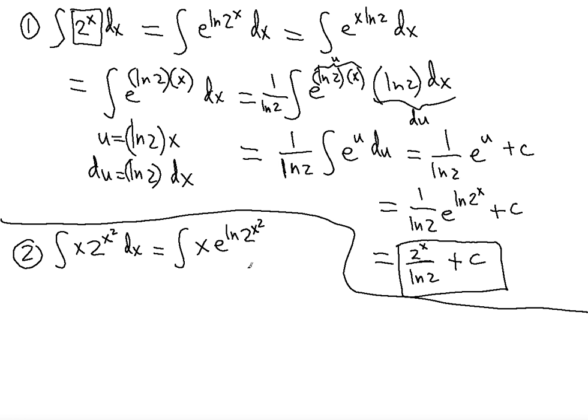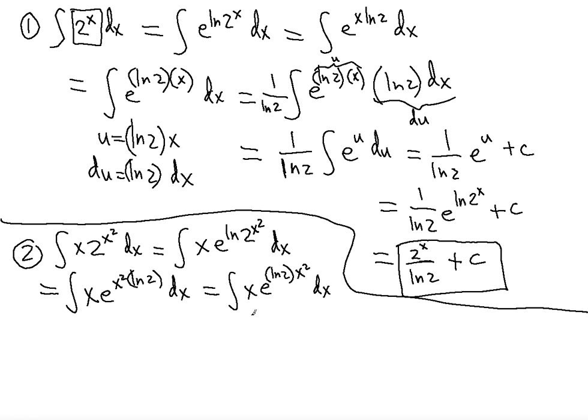I know there's lots of powers going on here, but this is basically using the identity in the previous video that we talked about. Watch it carefully. Okay, so making it simpler, it's going to be x e to the x squared ln 2, okay, dx. So notice that we can write it as x e to the ln 2 times x squared dx.